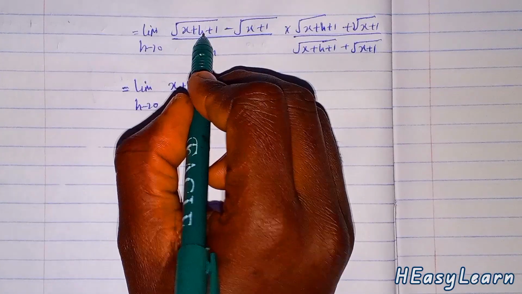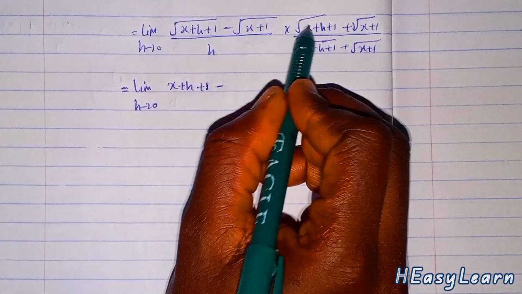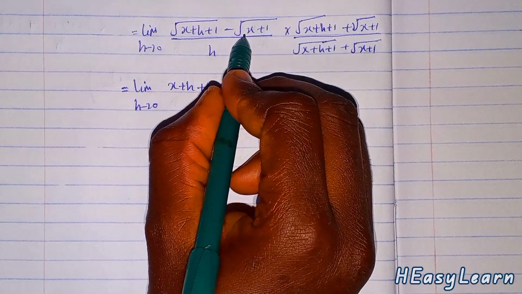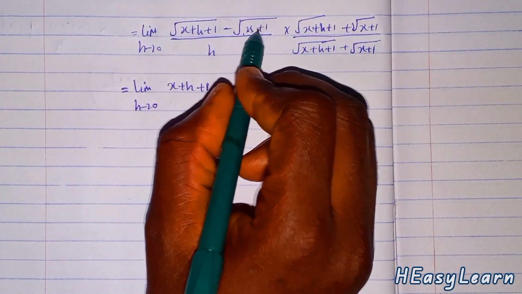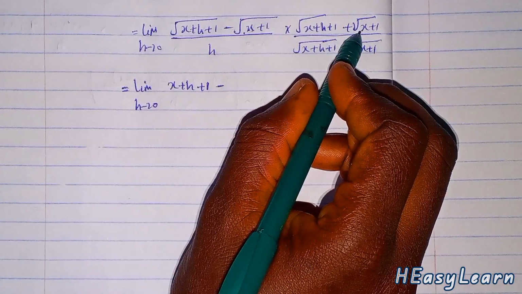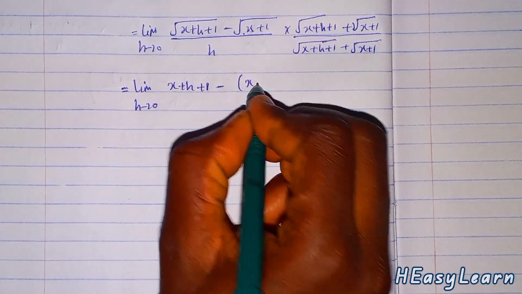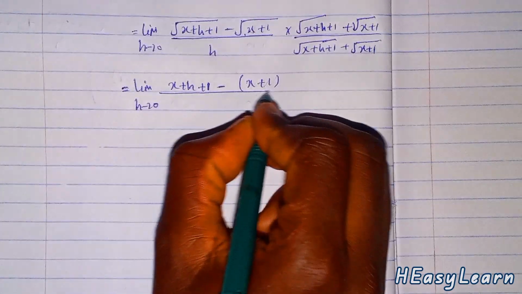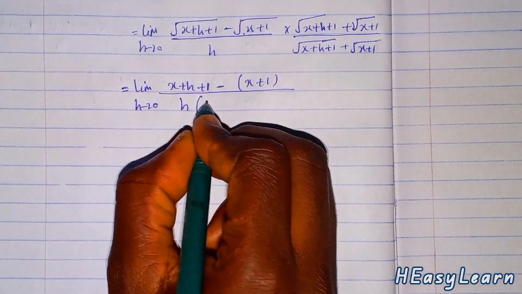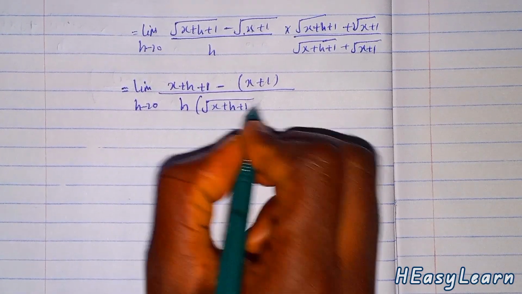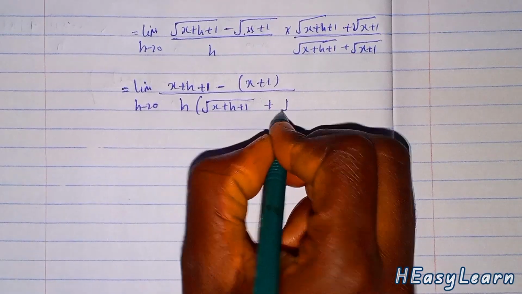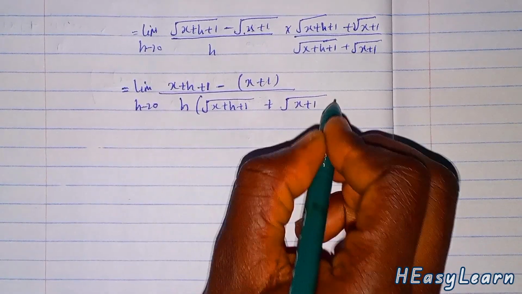The second term will cancel the third term. Then the fourth term is minus square root of x plus 1 multiplied by square root of x plus 1, giving minus x plus 1, over h times square root of x plus h plus 1 plus square root of x plus 1.